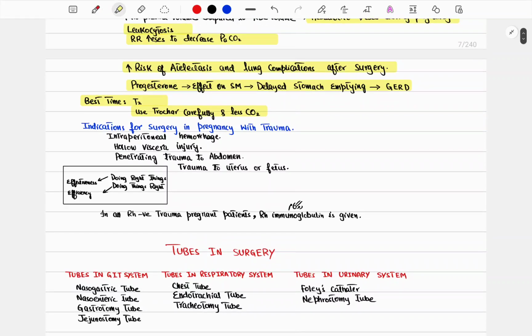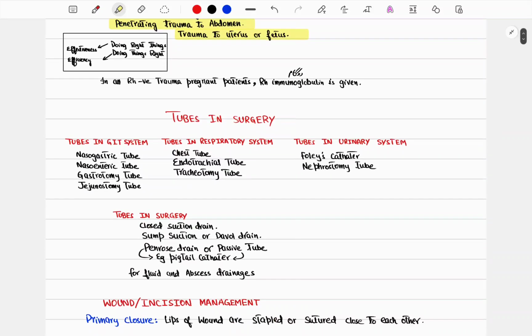Now, what are the indications for surgery in pregnancy? If a pregnant patient has undergone some trauma, when should surgery be done immediately? If there is intraperitoneal hemorrhage, if there is hollow viscus injury like intestinal injury, if penetrating trauma occurred to the abdomen, or there is trauma to the uterus or fetus.